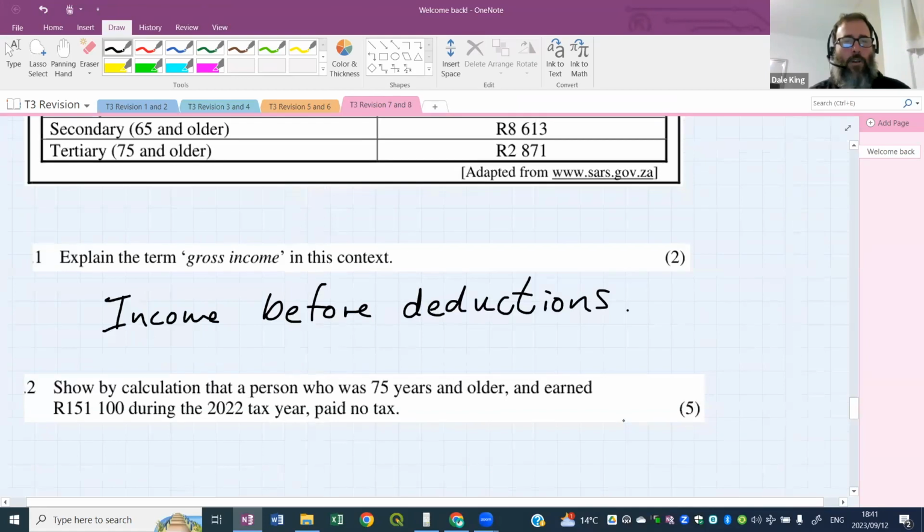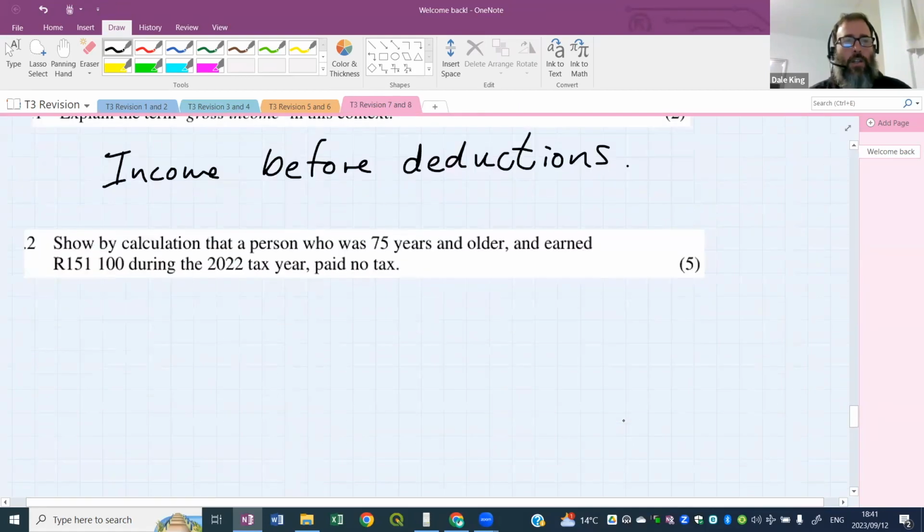What else you got? 5-mark question. Show by calculation that a person who is 75 years and older and earns 151,100 during the 2022 tax year pays no tax. Show that the person that's 75 years and older and earns 151,100 pays no tax.